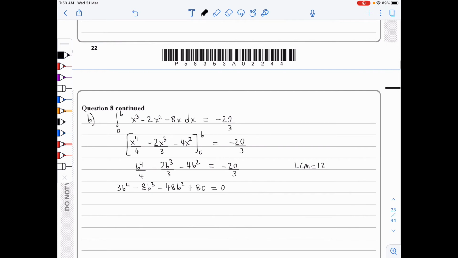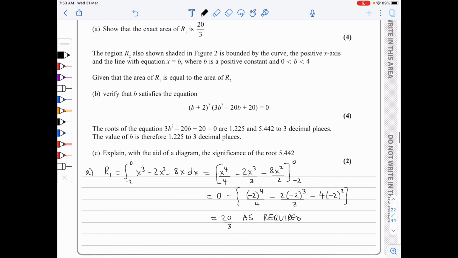Now this is a quartic in b. The question was asking us to verify that that's the equation being satisfied. So I think I will be using the printed answer, expanding, and hopefully showing that it gives me the same exact expression that I arrived at through integration.